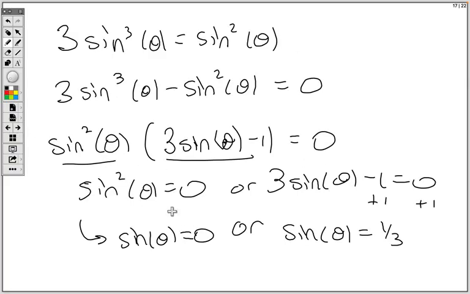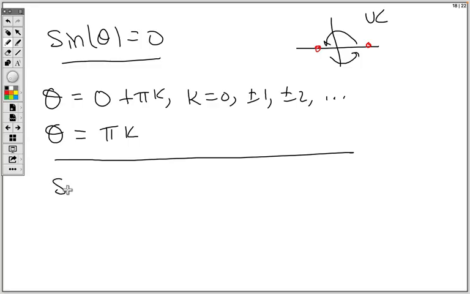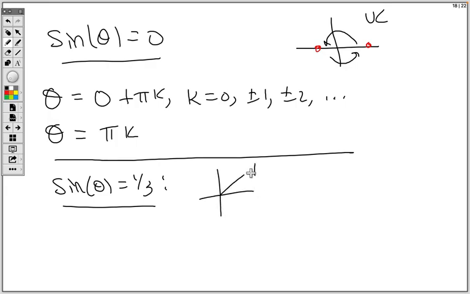The other case is sine of theta is a third. Is that a legitimate sine value? Yeah, it's between minus 1 and 1. What quadrants would this be in? Well, I'd have solutions in quadrant 1 and quadrant 2.